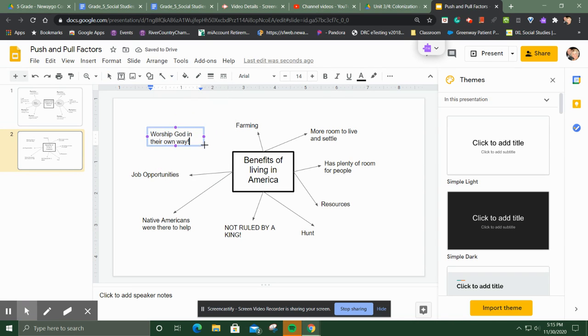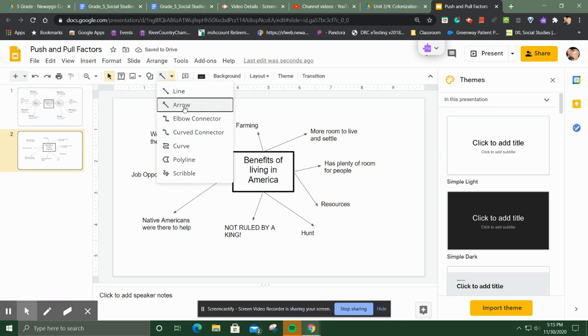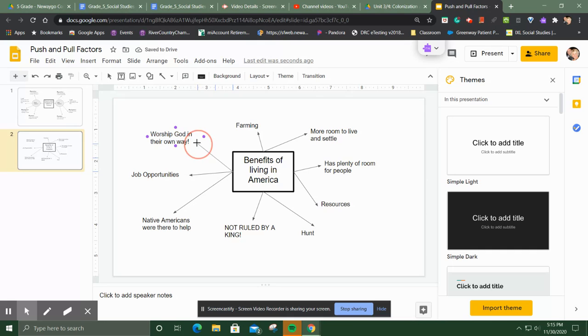They did not have to follow what the king said. They could worship God in their own way. So those are the benefits of living in America. Later on, and it looks like I put my arrow backwards. That's okay, but we're going to fix it up. We're going to start here and go this direction.